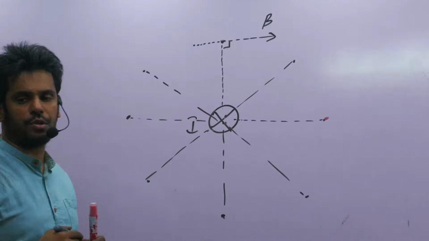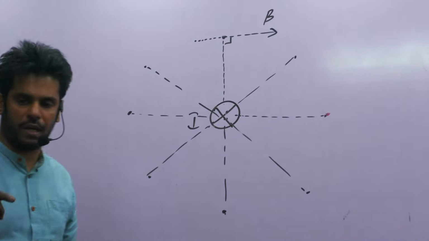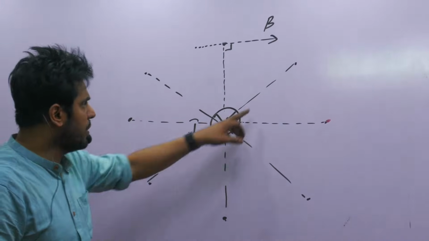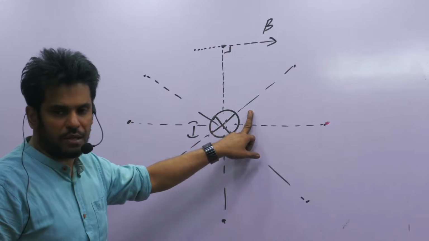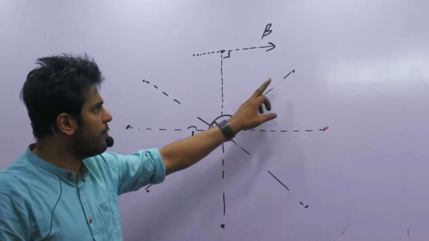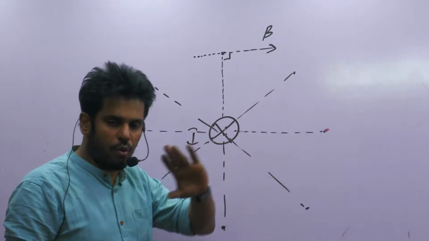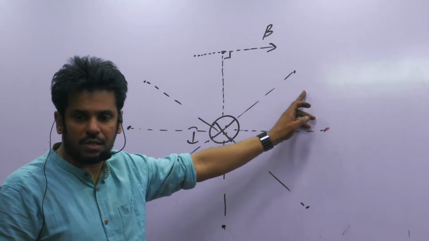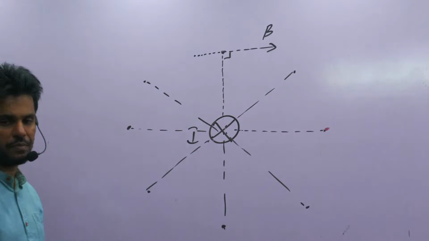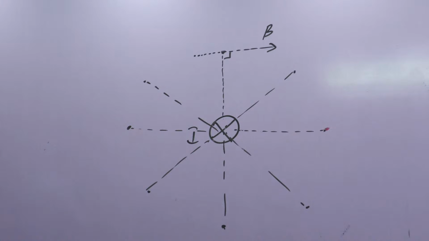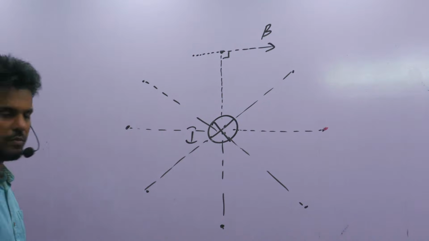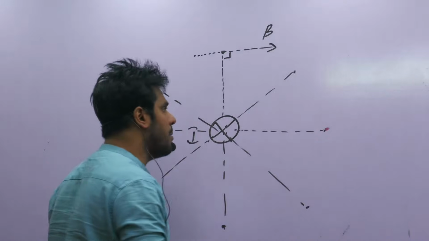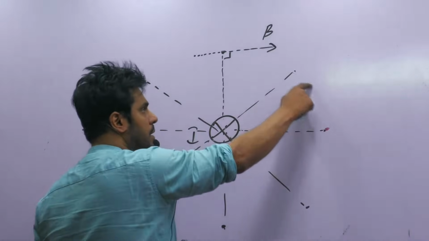Now here I told you to first draw that perpendicular line with a dotted line before finding the direction of the magnetic field. Then after that you can find the direction of the magnetic field. The magnetic field always acts perpendicular to this dotted line. Now for example, here.